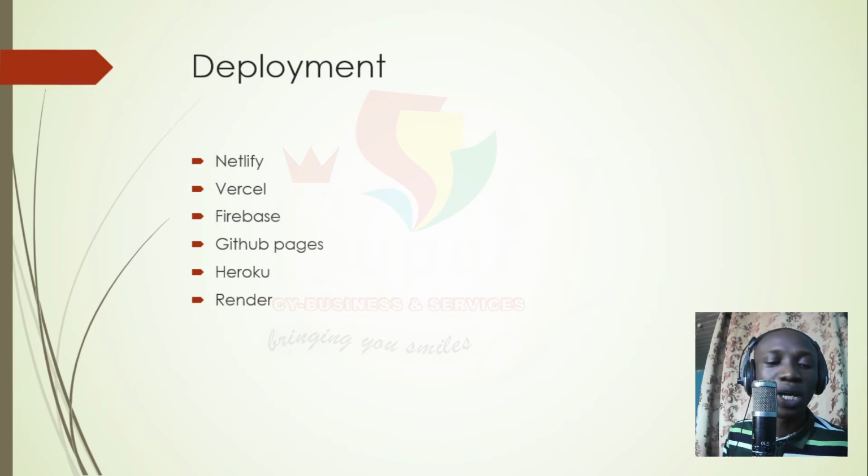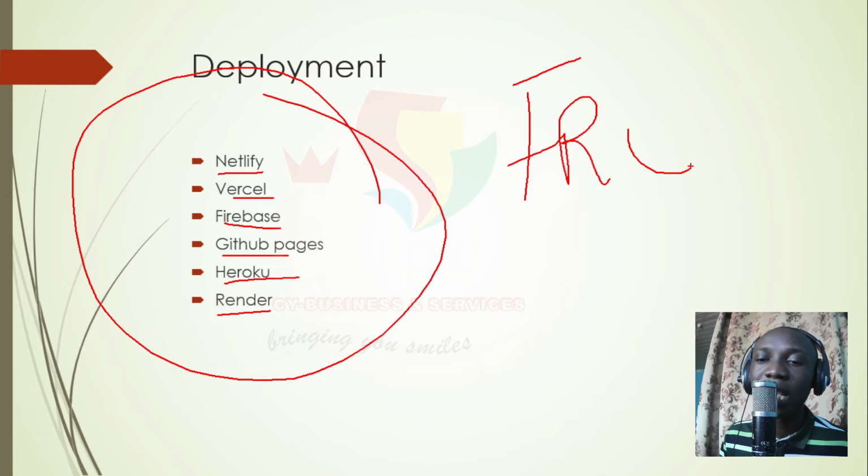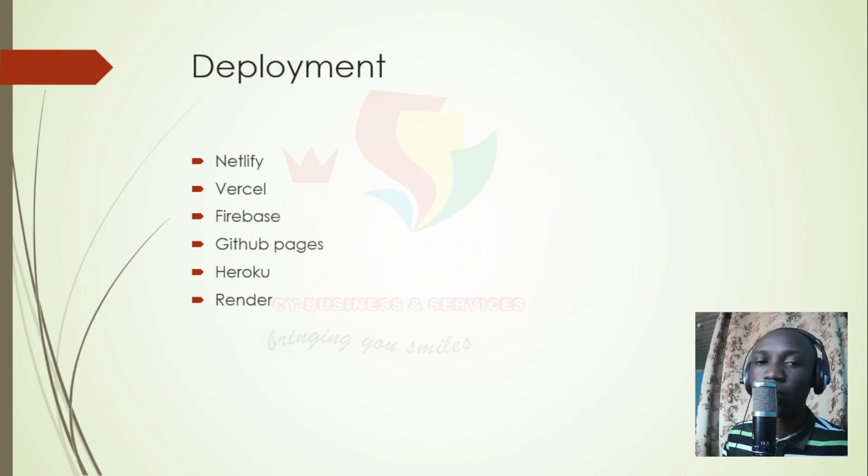You can see here, we have Netlify, Vercel, Firebase, GitHub Pages, and Heroku or Render. Whichever one we want to use, we can use. Most of these have free plans for you. Once we get to the deployment stage, I will deal with this also.